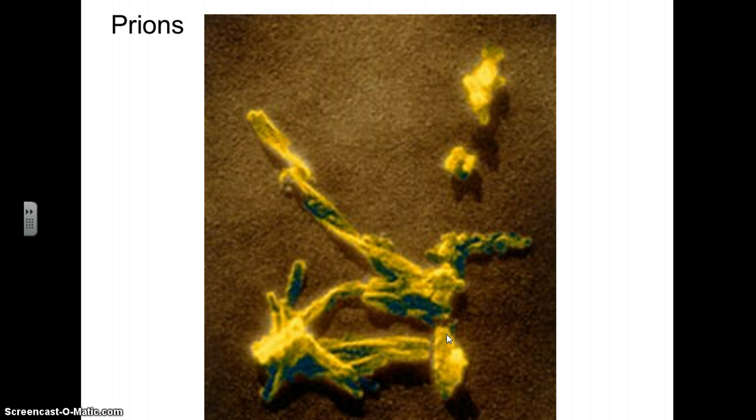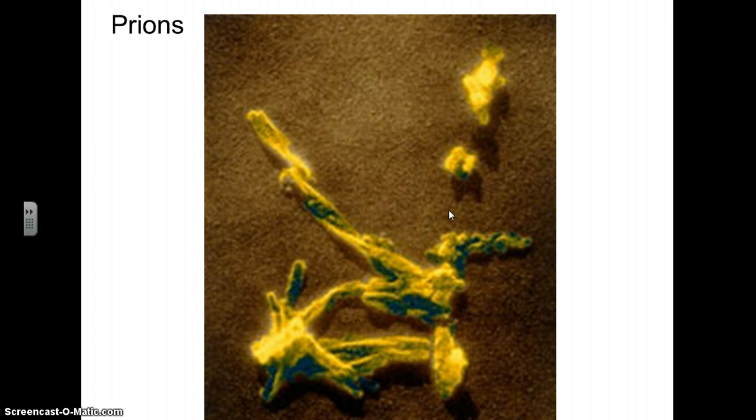But now, more insidious, in particular with animals, are these things called prions. And prions are defective proteins that basically cluster in your nervous system, in your brain, and they cause damage. And they can cause enough damage such that your nervous system is compromised, and they can eventually kill you.